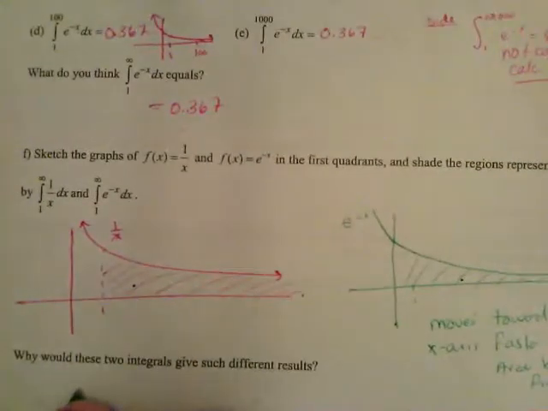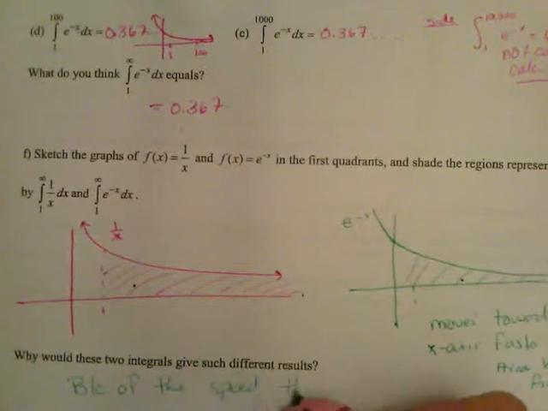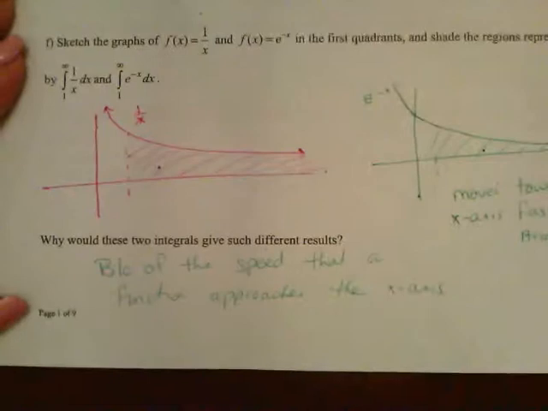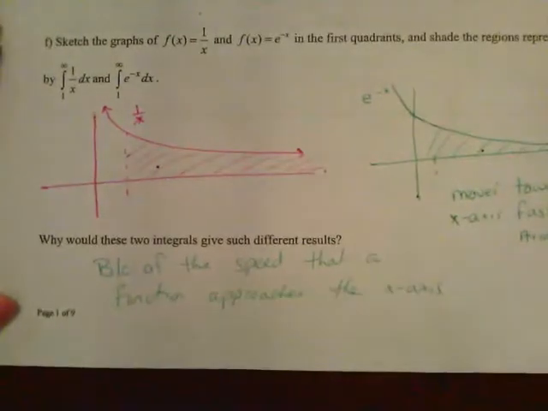It's basically because of the speed that a function approaches the x-axis. The faster that function approaches the x-axis, the more likely we're going to end up with a finite answer.